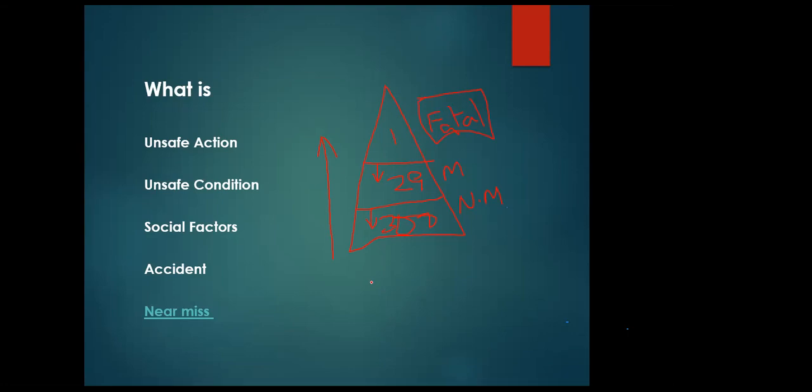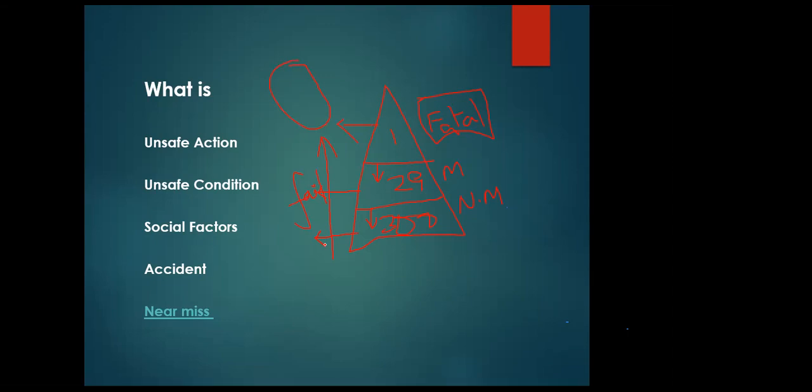Heinrich was a scientist and management specialist who did huge research and arrived at this ratio. If you are not able to take action against these 300 near misses, you are allowing these 29 minor or major cases to happen. If you fail to take action there too, then you are allowing this one fatal case to happen.